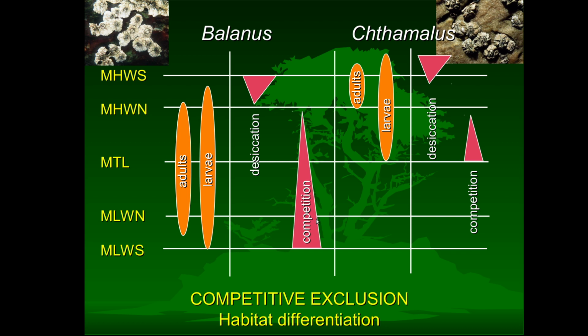But the reason it doesn't grow farther into the upper intertidal than you see is because of non-biological, physical factors, usually desiccation or heat stress, are the major factors keeping species from going farther into the upper intertidal than you normally see them.